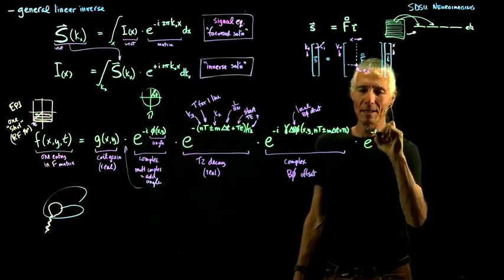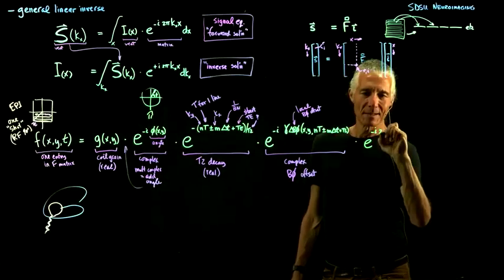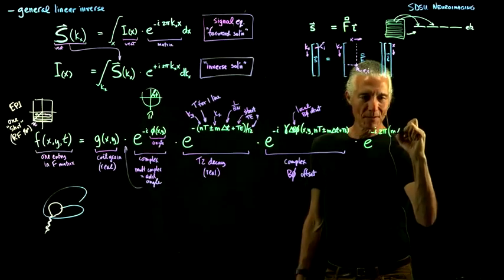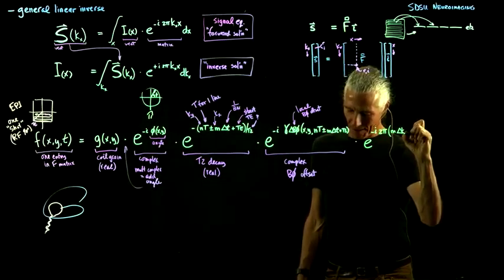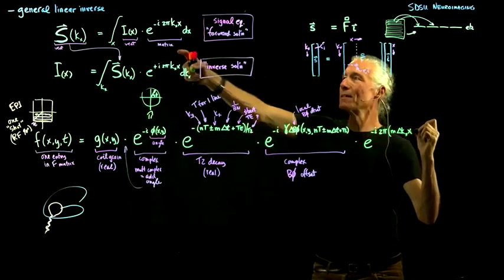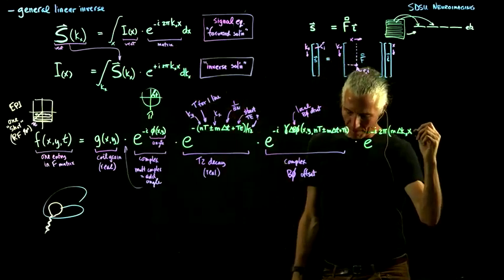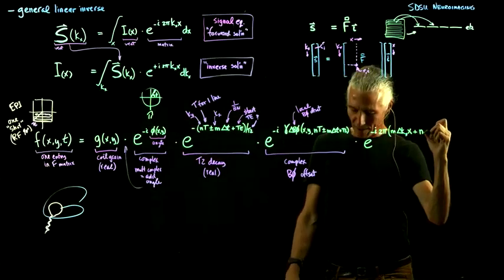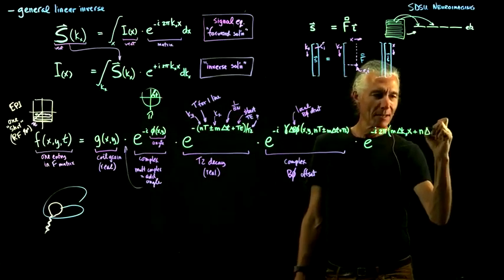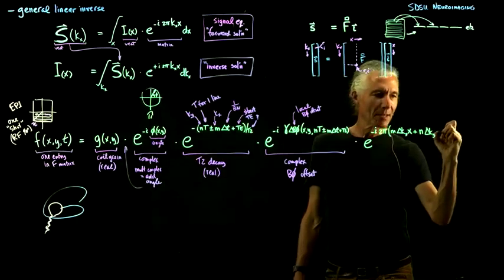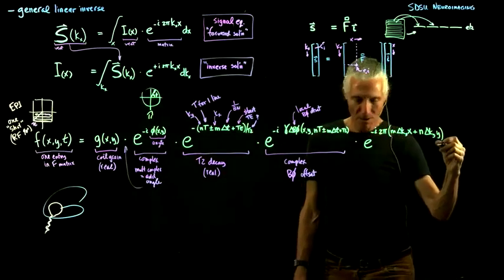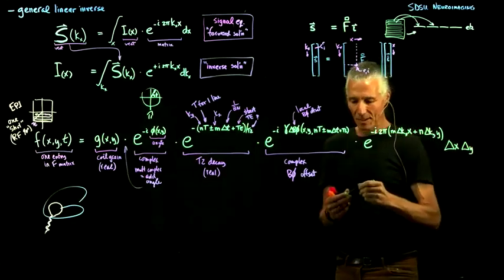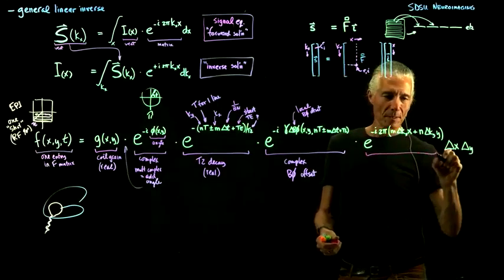This would be e to the minus i 2 pi, times all this other stuff, delta kx times x, plus n times delta ky times y, and then this whole thing multiplied by our image increments. So these are the perfect stripes.